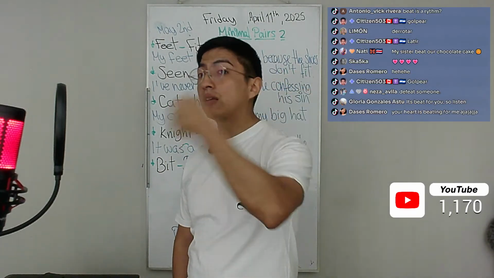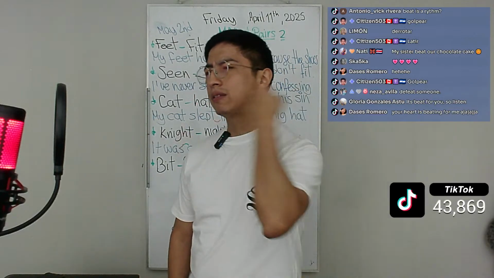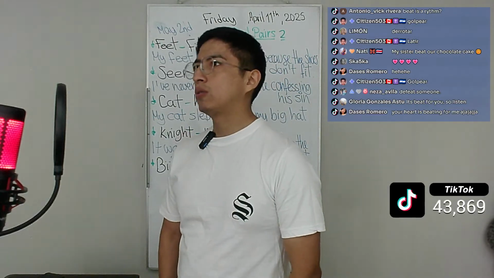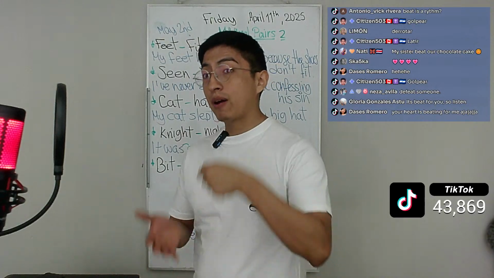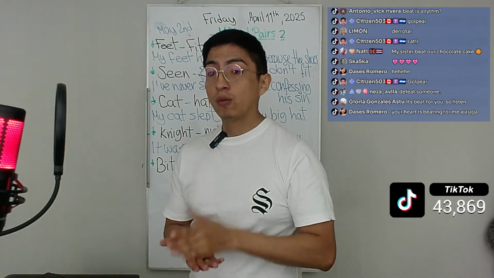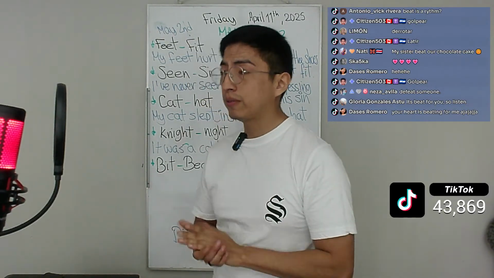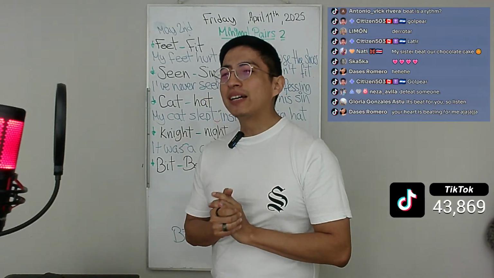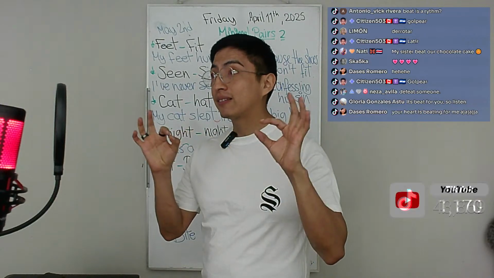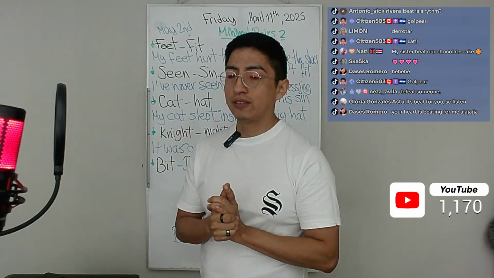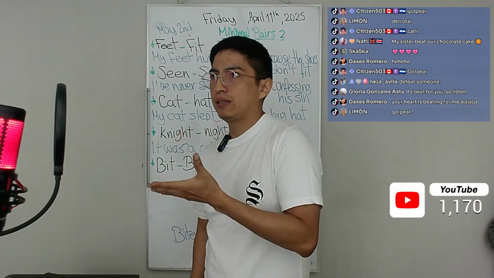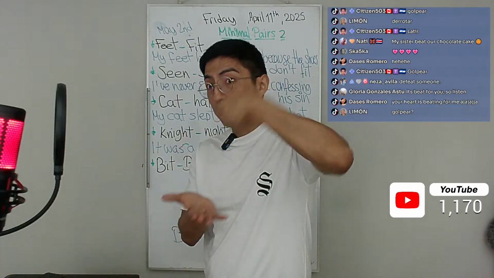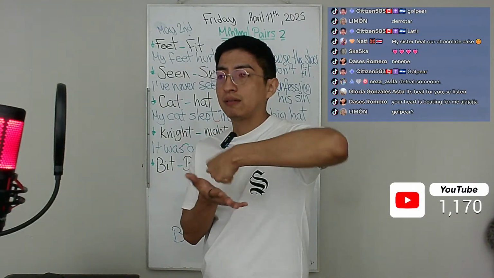Number three, beat is something like this. I'm gonna beat you. Or maybe when you're talking about beat the meat, when you're cooking. This is a cooking tip. If you want your meat to be soft, you have to beat the meat.